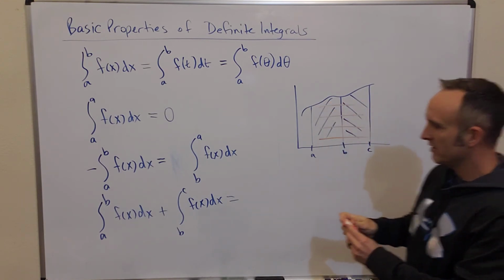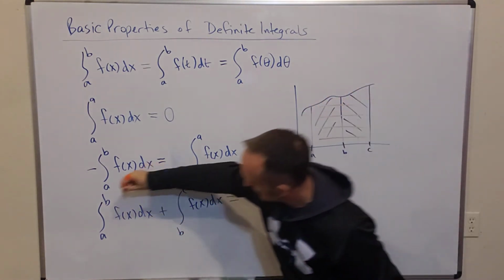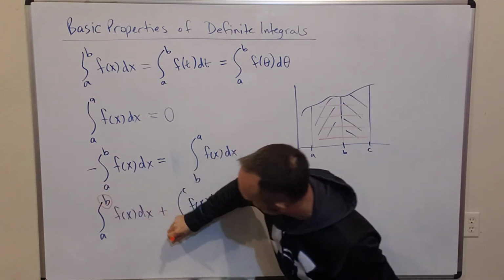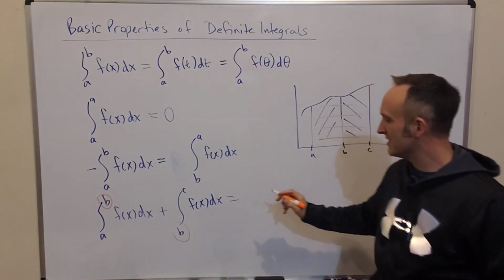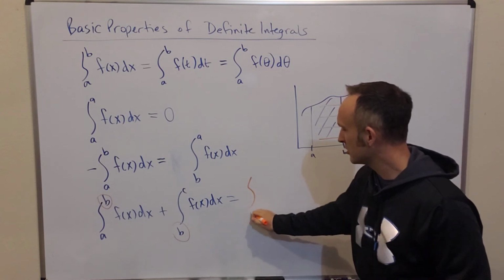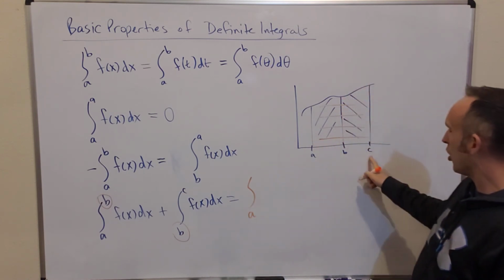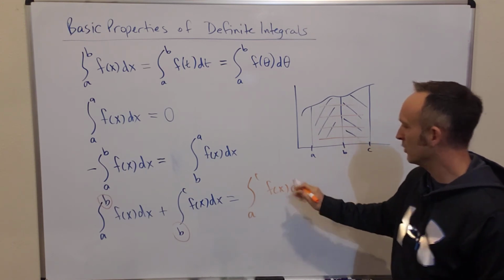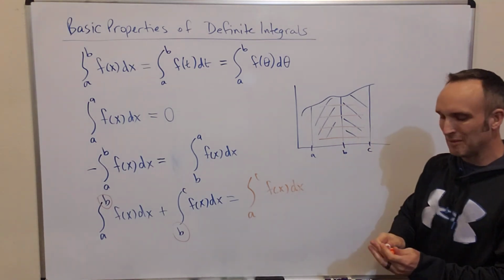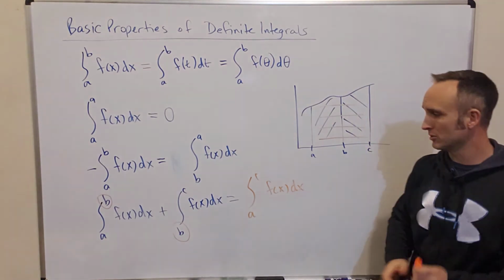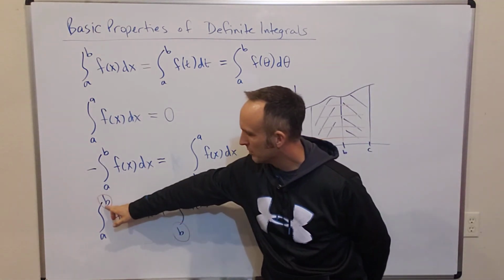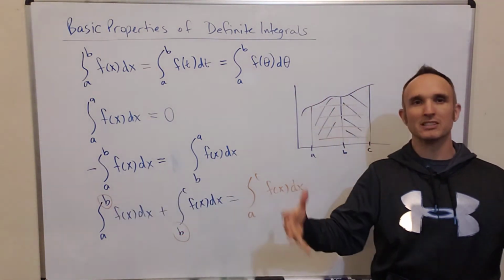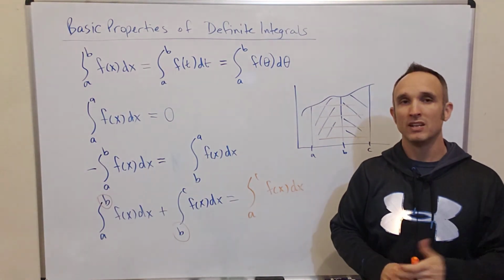And so the sum of these two integrals, because the upper limit here matches the lower limit there, ends up being just the integral of the function from a all the way to c of that function. Really love this property. It makes it fun when you're manipulating these integrals to try to make upper limits of integration match lower limits, because if you can do that, you can put them together.